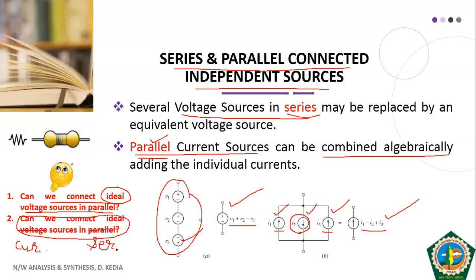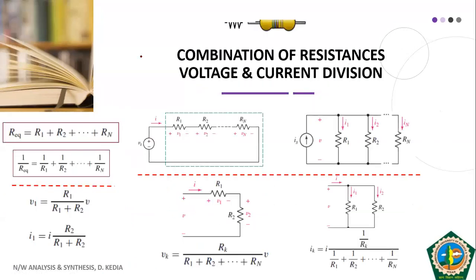The logic that I told you regarding voltage sources in parallel applies similarly to current sources. Because in series the current is the same, your ideal current sources can be connected in series only when they have the same value of current. Fine. So now let us move forward.